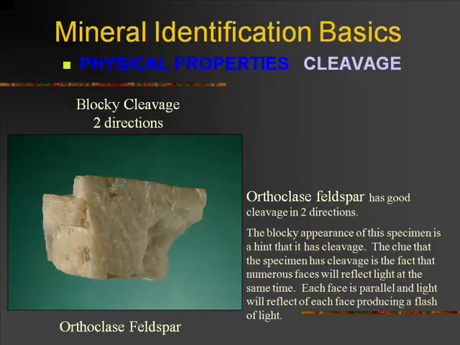One of the best ways to figure out whether you've got cleavage planes is to smash a rock. Trouble is, you don't always want to smash a mineral, so you have to look at it really carefully. What happens is that if it has a cleavage plane, you'll get a flash of light off of the surface. And sometimes you have to hold a mineral up to the light and move it around before you see those flashes of light.